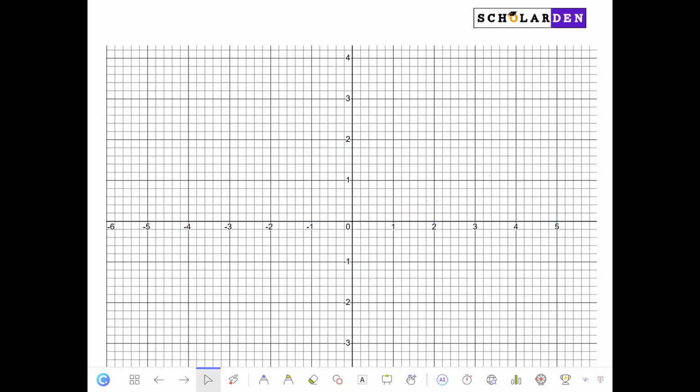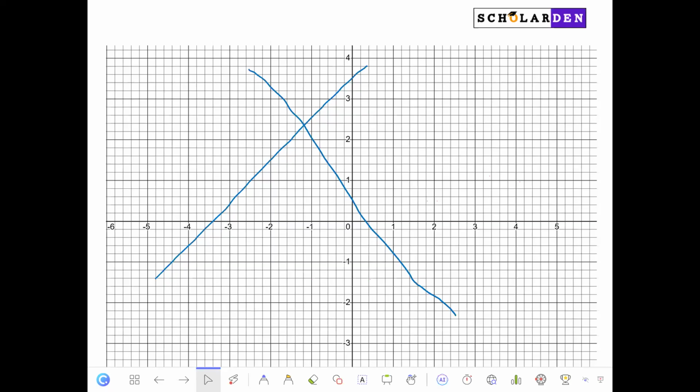A line with a positive slope goes upwards, because the values of y are increasing as we traverse along the x-axis. For a line with a negative slope, it is falling, so as we go along the x-axis, the values of y are decreasing.